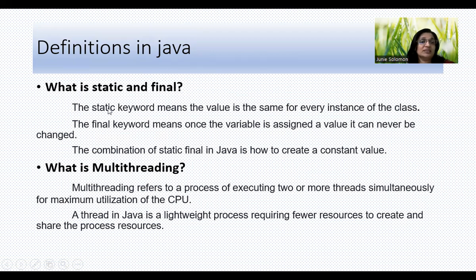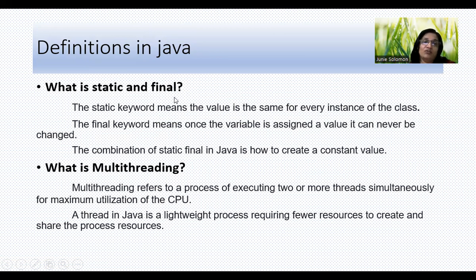To make it one common location, since everybody is working for the same company, you can use the static keyword. The definition is: the static keyword means the value is the same for every instance of the class. That's the definition you have to write.